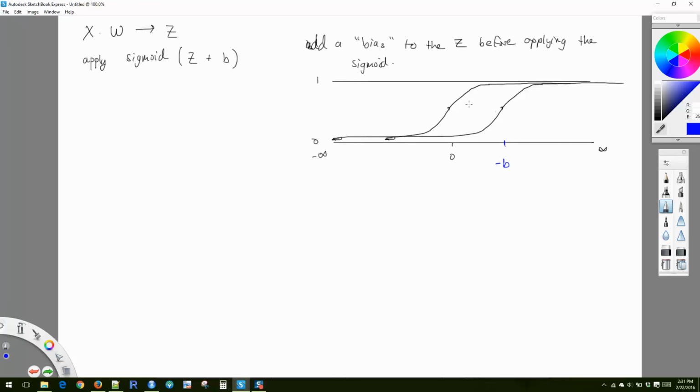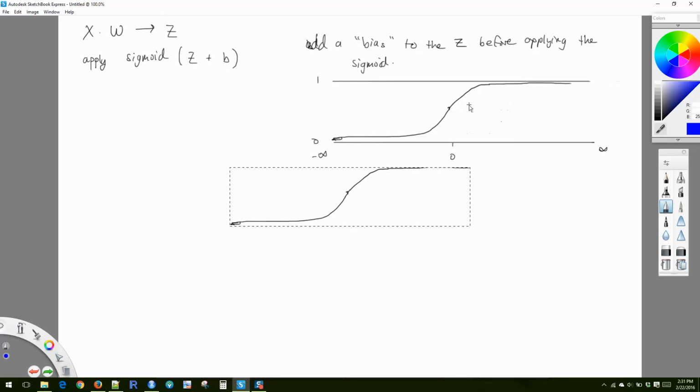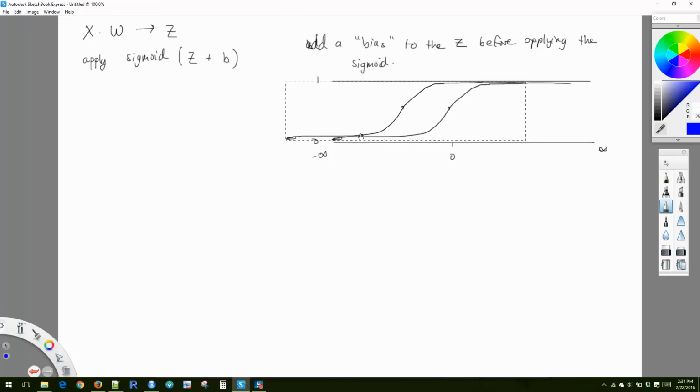Why is it not positive b? When I drew this, I shifted it to the right. But if b is a positive value, adding a positive value effectively shifts it to the left. Whereas if z were -3, it would be down here.